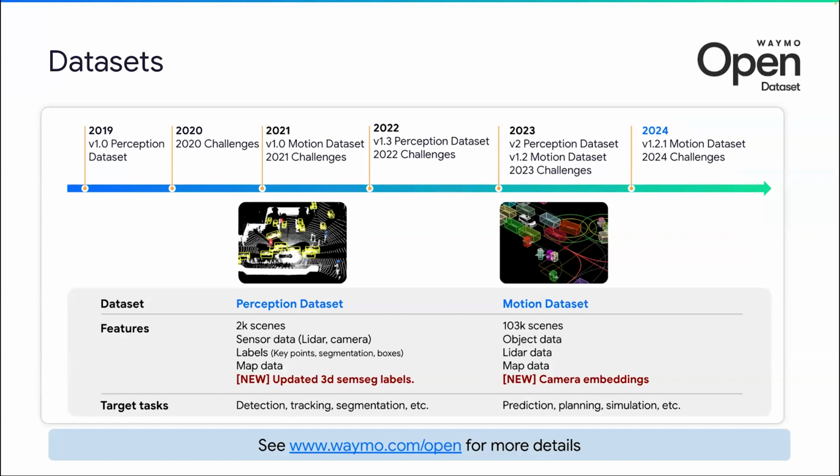Usually it's a split between 2 main data sets: the perception one, which is for perception-related tasks like detection, tracking, and segmentation, and the motion data set, which is more related to prediction, planning, and simulation.